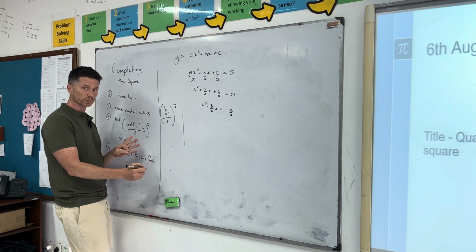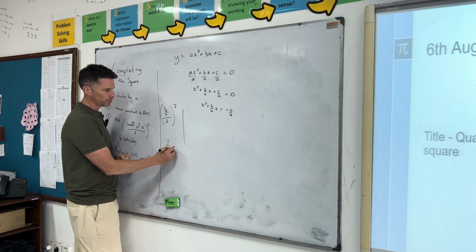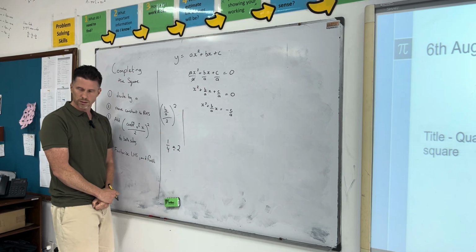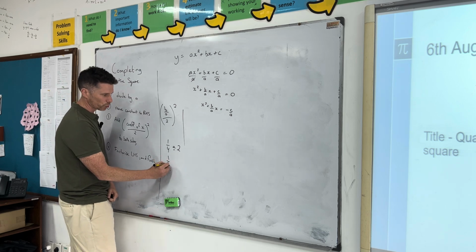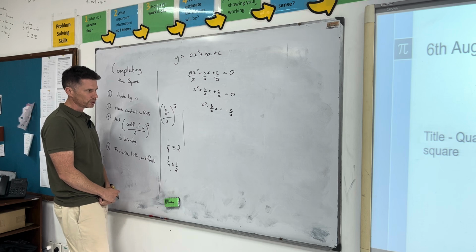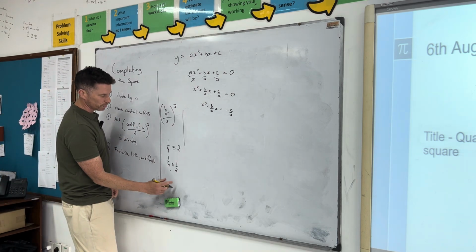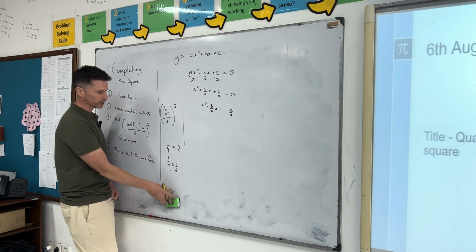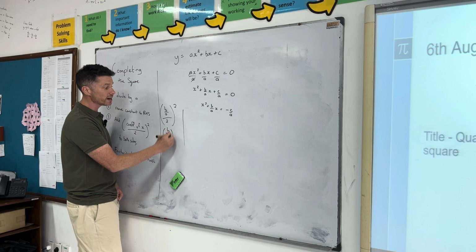Let's make sure, with an example. What is a quarter divided by 2? It's a quarter multiplied by a half, which is 1 over 8. So is it b over 2a? Yeah. So it's b over 2a, and then I have to square that.